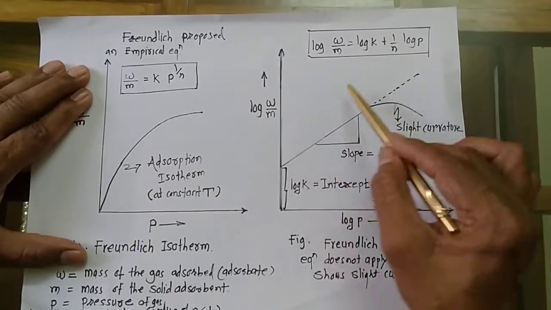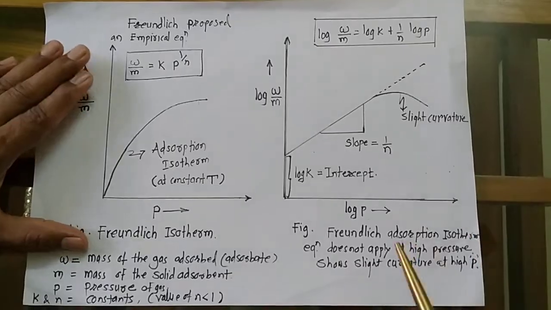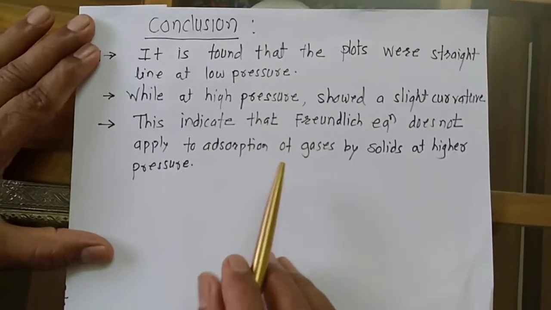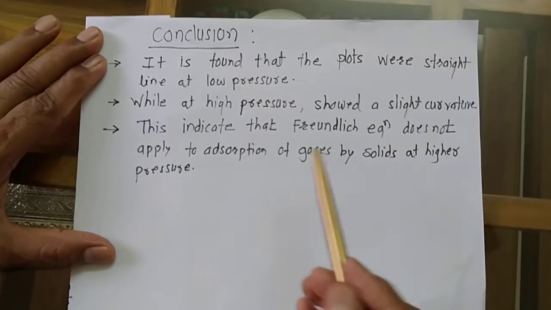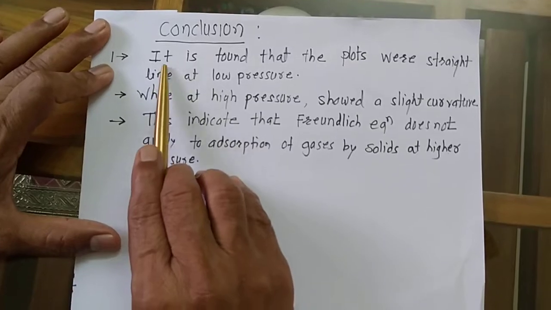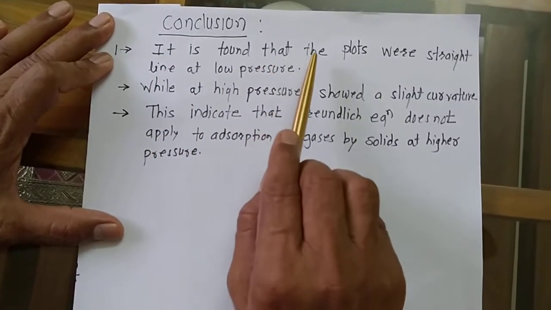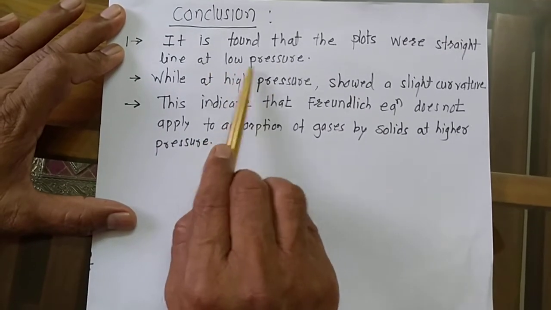Now the conclusion made on this plot, dear students: the observations made from the plots are, first, it is found that the plots were straight lines at low pressure.